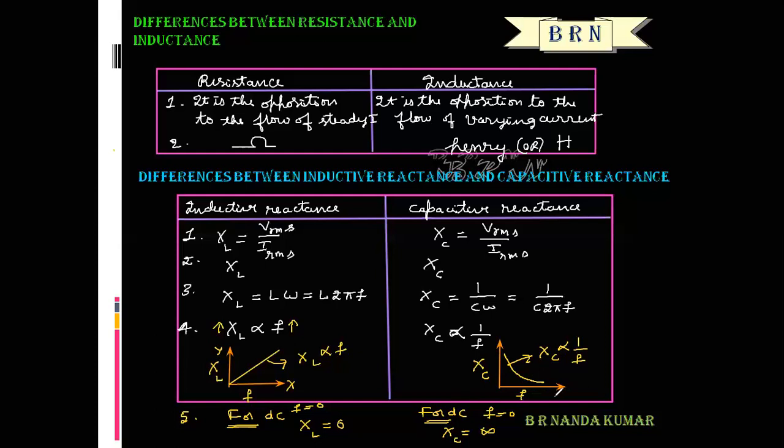This is the frequency response of capacitive reactance, and this is the frequency response of inductive reactance. For the flow of DC, XL is equal to 0 and XC is equal to infinity. That means the capacitor blocks the flow of DC, but it allows only AC.